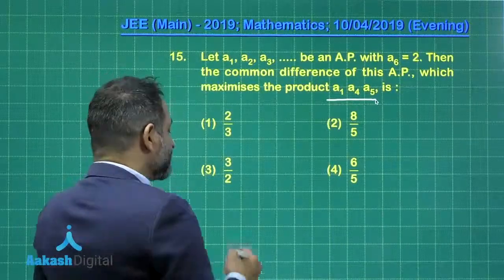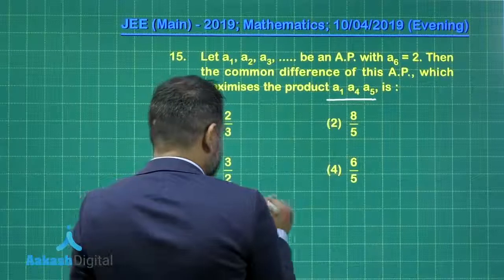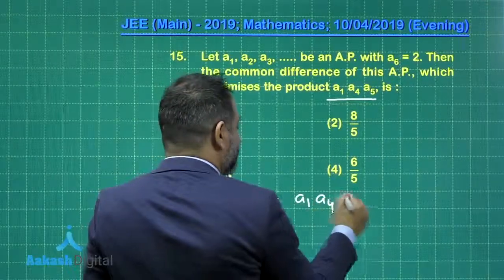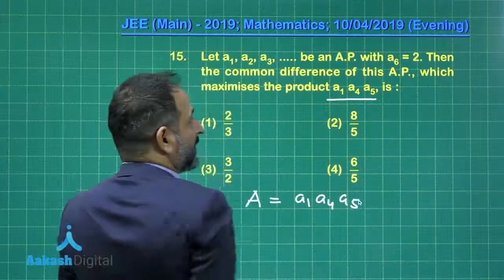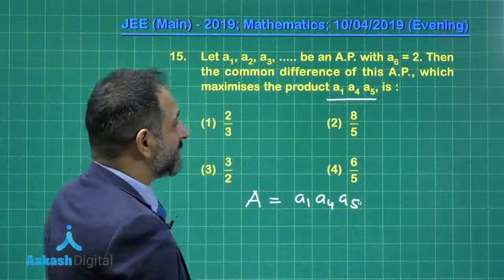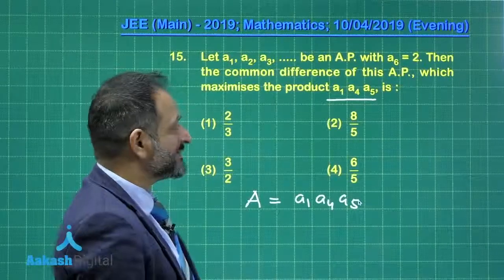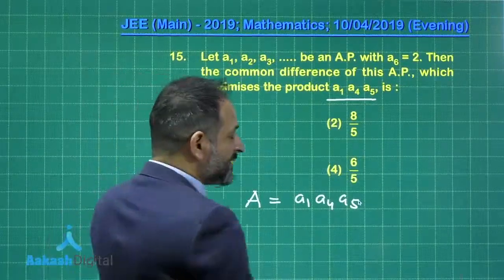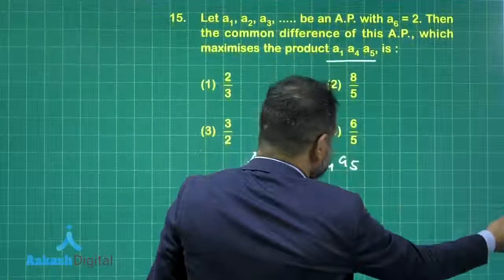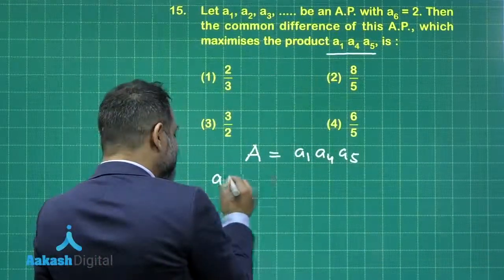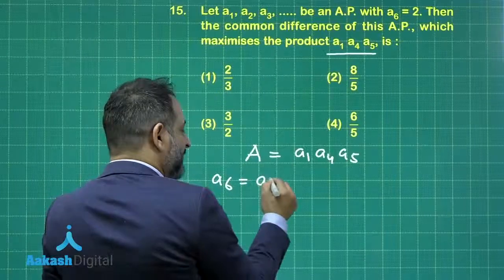So, let us assume this A is the variable here, which is the product of A1, A4 and A5. Now, D is the variable, D is the common difference. What is given to us is the sixth term. So, let us assume that the first term of this AP is A. So, the sixth term which is given is A plus 5D.